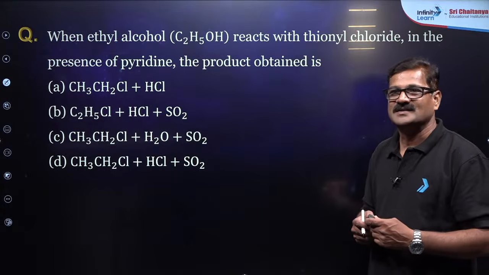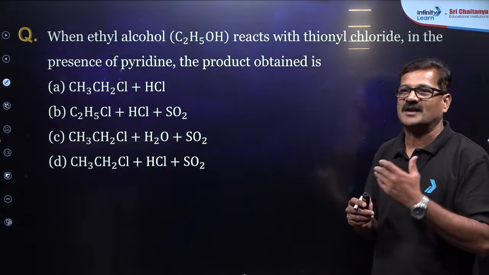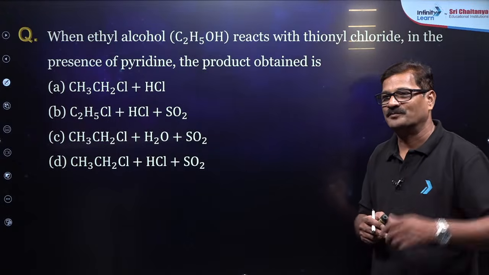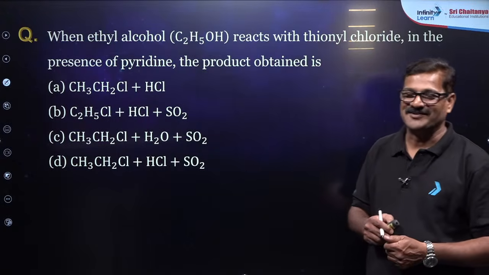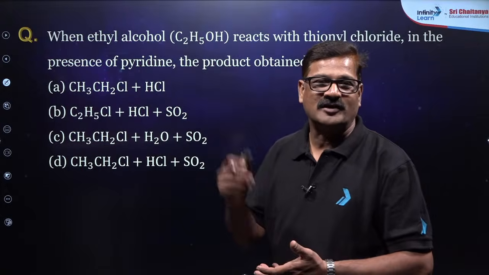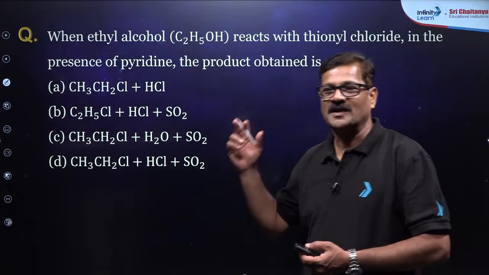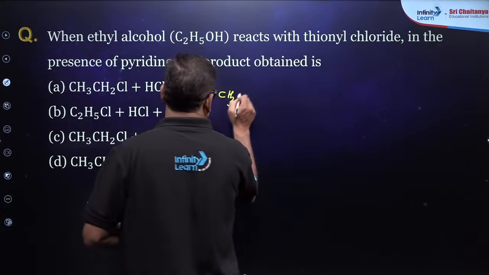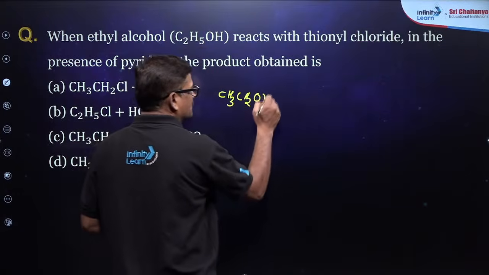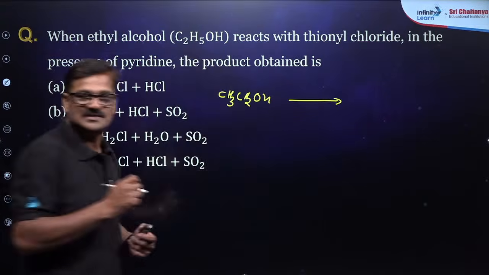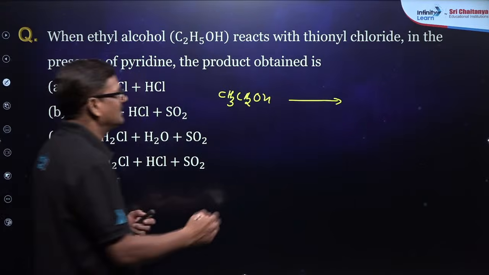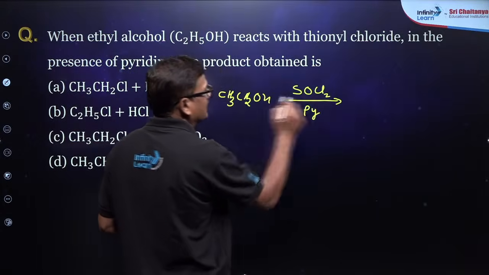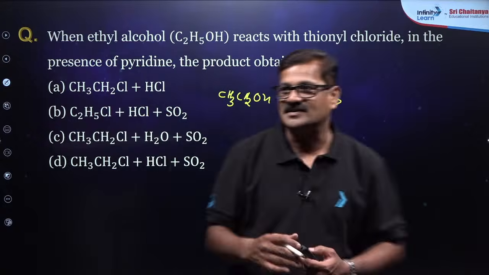When ethyl alcohol reacts with thionyl chloride in the presence of pyridine, what is the product obtained? Ethyl alcohol, CH3CH2OH, when treated with thionyl chloride, SOCl2, in the presence of pyridine, it is a Darzens reaction.